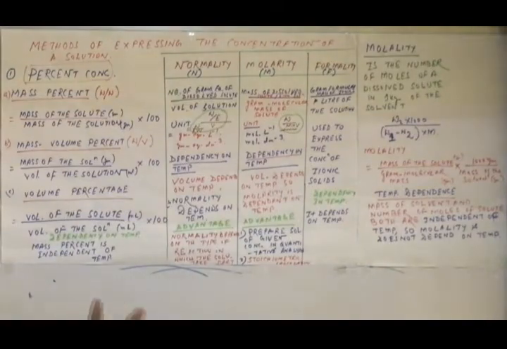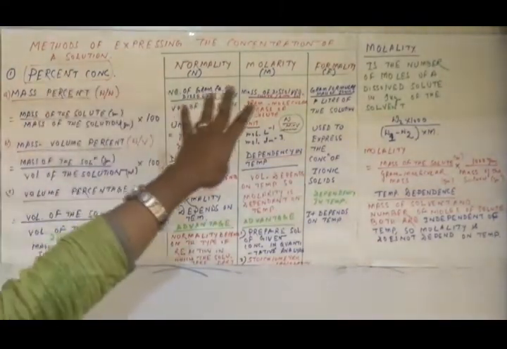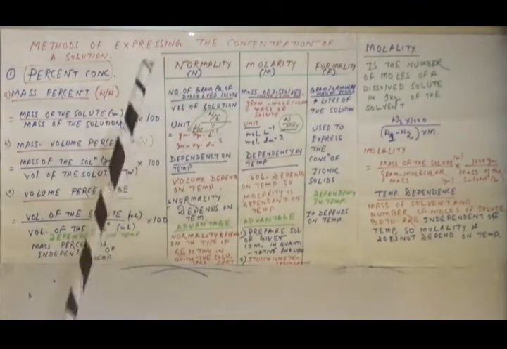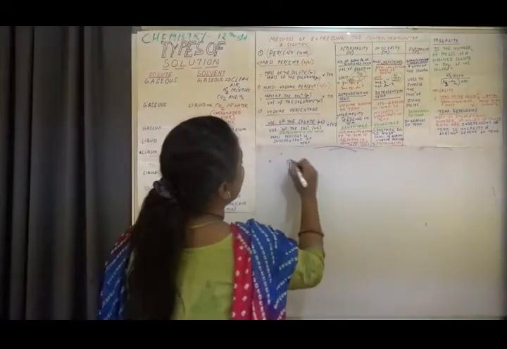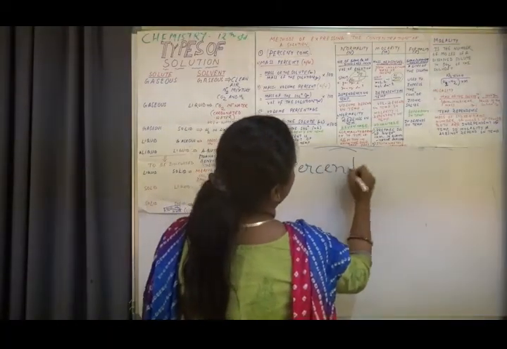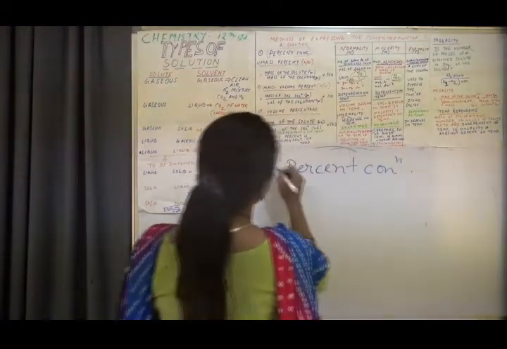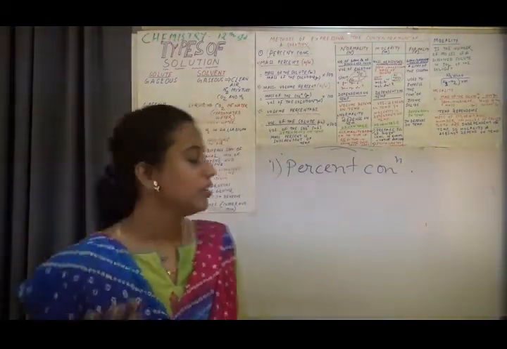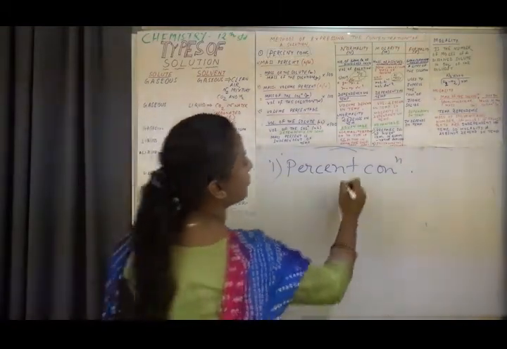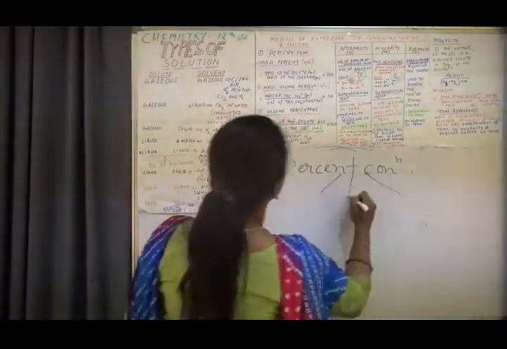The maximum numerical sums come from this topic, which is the methods of expressing the concentration of a solution. The first term which will be coming is the percent concentration. These are the terms by which we can express the concentration of a solution. Percent concentration is divided into three categories.